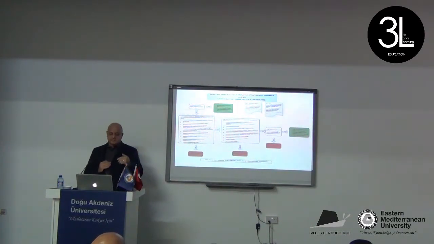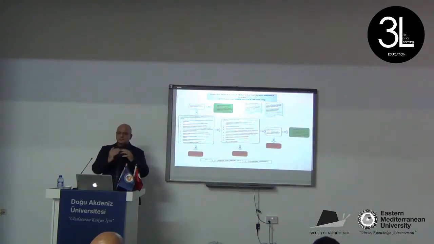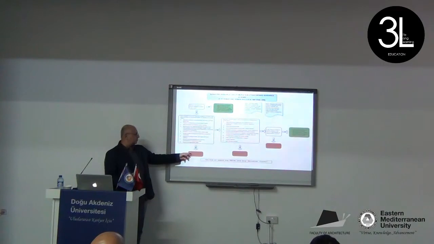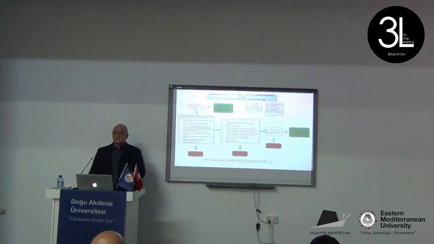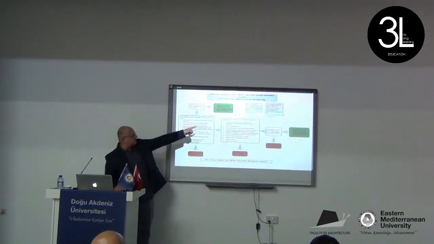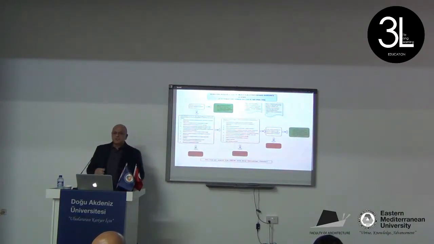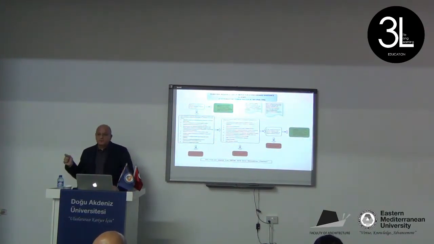The red boxes tell you that if you answer the questions yes, that means you will need to fulfill the application for the ethical committee. If your answers to the questions asked in the green boxes are no, that means you are not required to apply for the ethical committee application, but you need to fill in an exempt form.